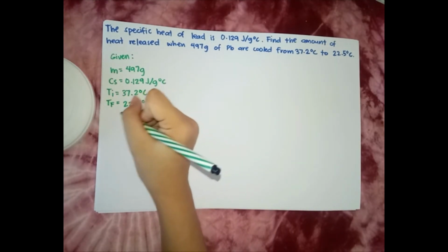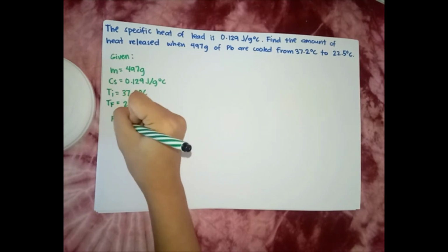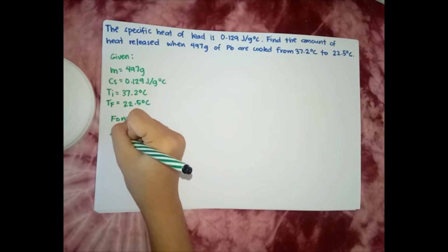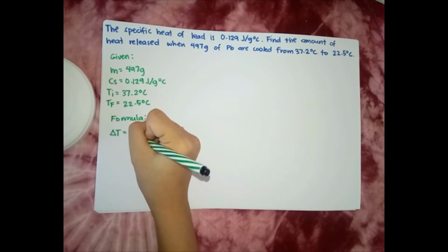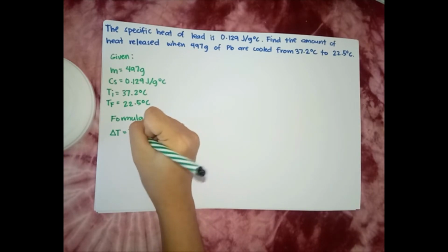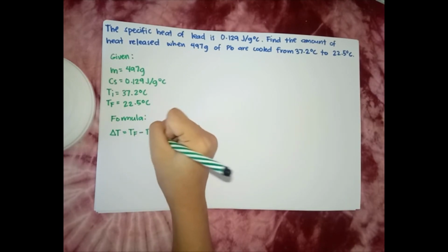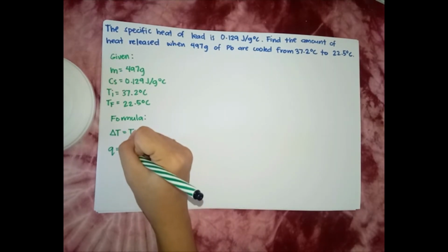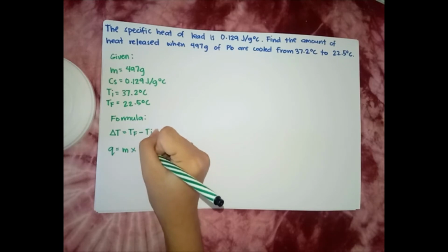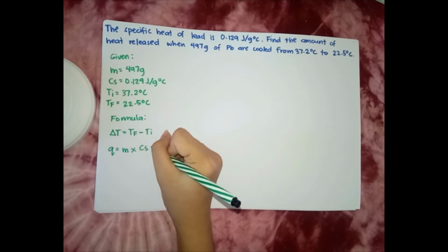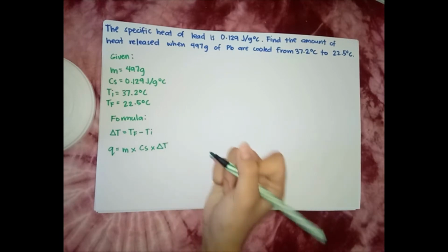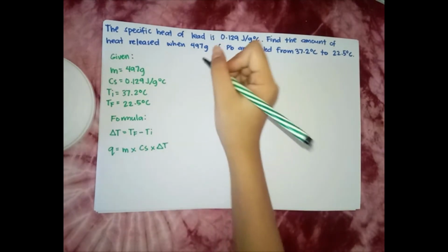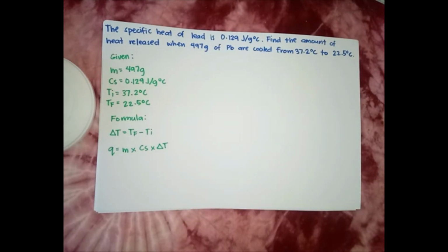The formula for this equation: delta T, or temperature change, equals the final temperature minus the initial temperature. We have Q, or heat released, equals M multiplied by specific heat times delta T, the temperature change. So we're first going to solve for the temperature change.